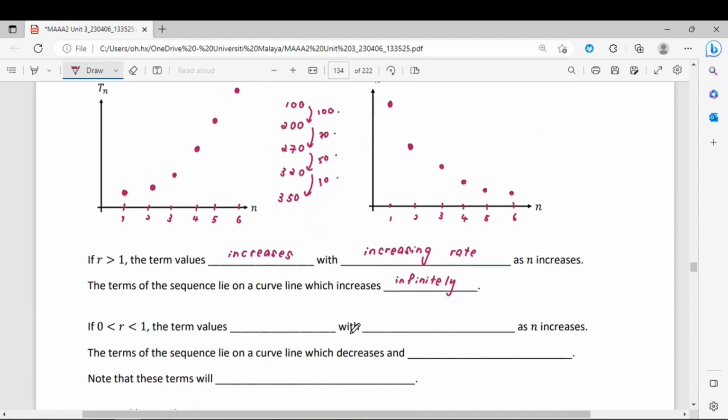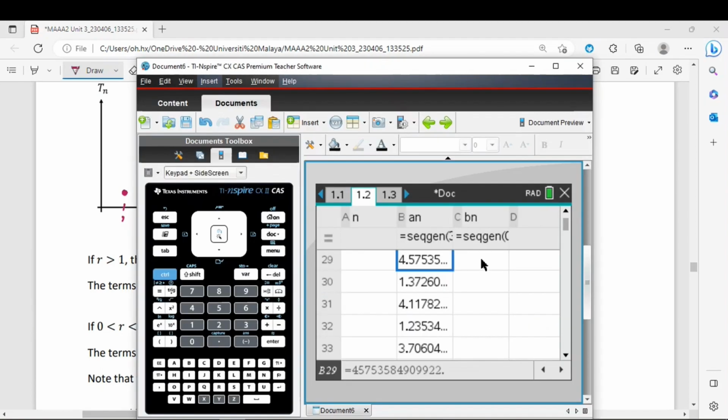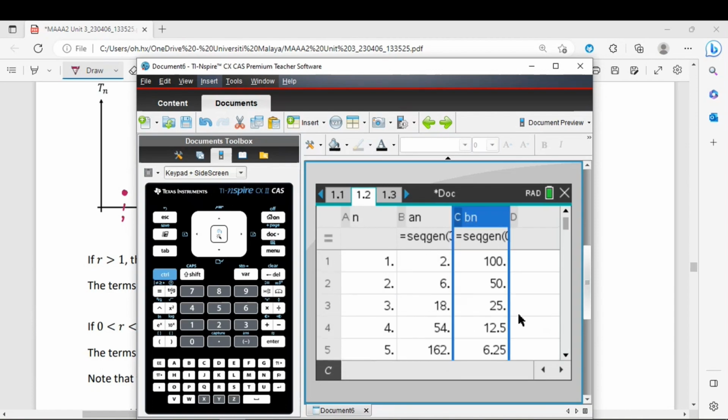Same thing, you can either look at this graph, or you can look at your sequence. In this case, from 100 to 50 is a difference of 50. 50 to 25 is a difference of 25, then 16.5, then 6.25. Am I right? That is the difference between the numbers that you have.